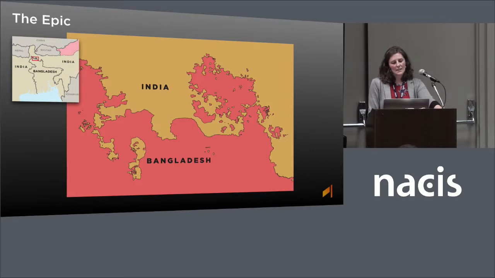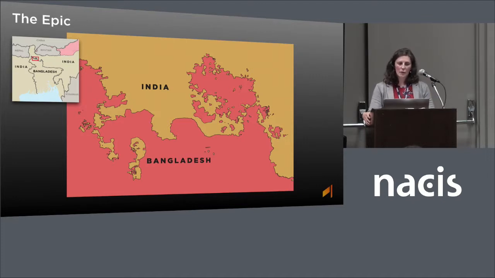Another state that's taken an epic approach to dispute resolution would be between India and Bangladesh. They have over 10 agreements between them on the delimitation of their boundary, coming out of the same colonial period that led to Afghanistan's issues. And what's pictured here are just a small portion of the almost 200 enclaves and enclaves within enclaves that were shared between the two states.